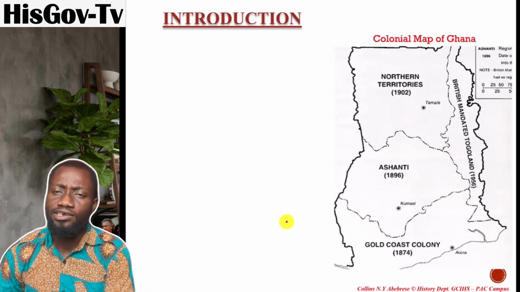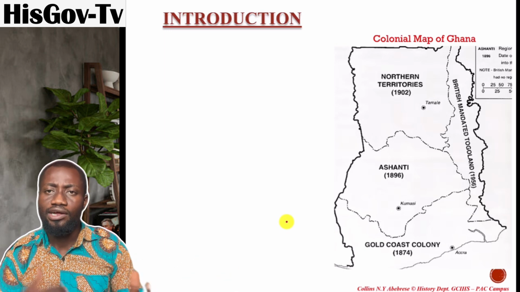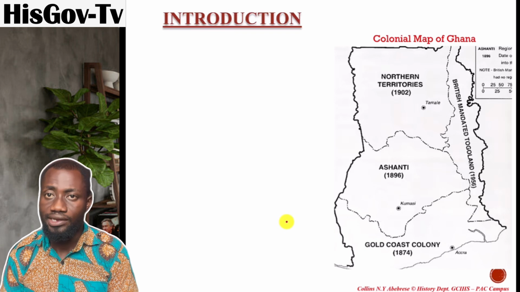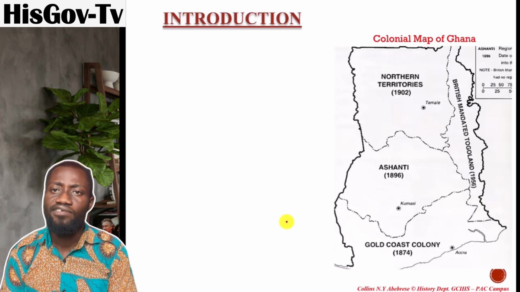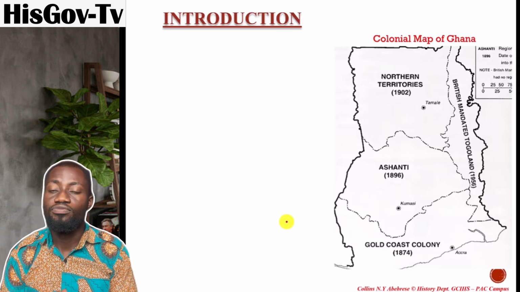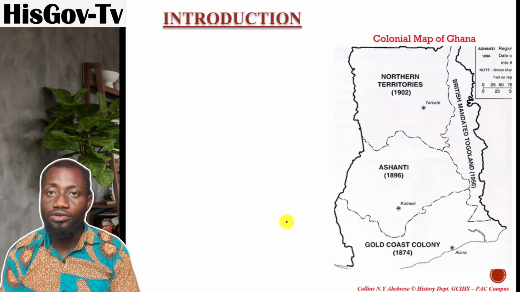But before the 1992 Constitution that we are using today, there were other constitutions that were promulgated or drafted, and this 1903 Constitution was the first of its kind to be drafted in the Gold Coast. And so that is what we are going to look at.